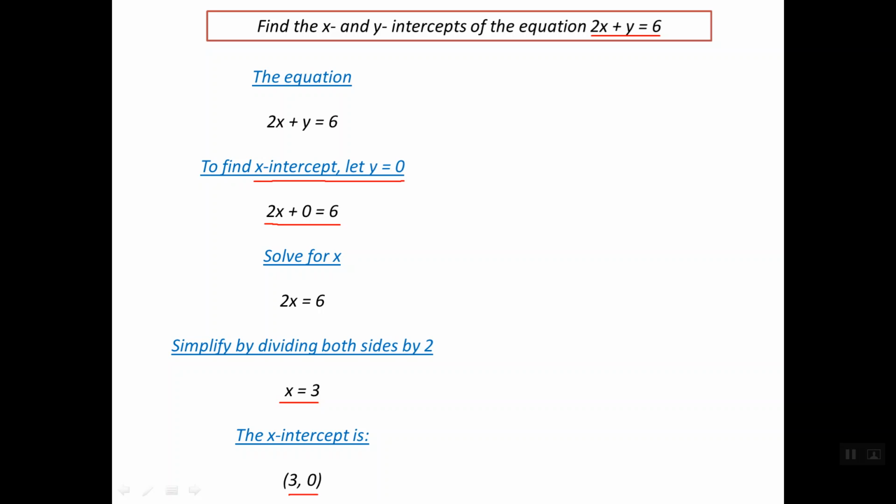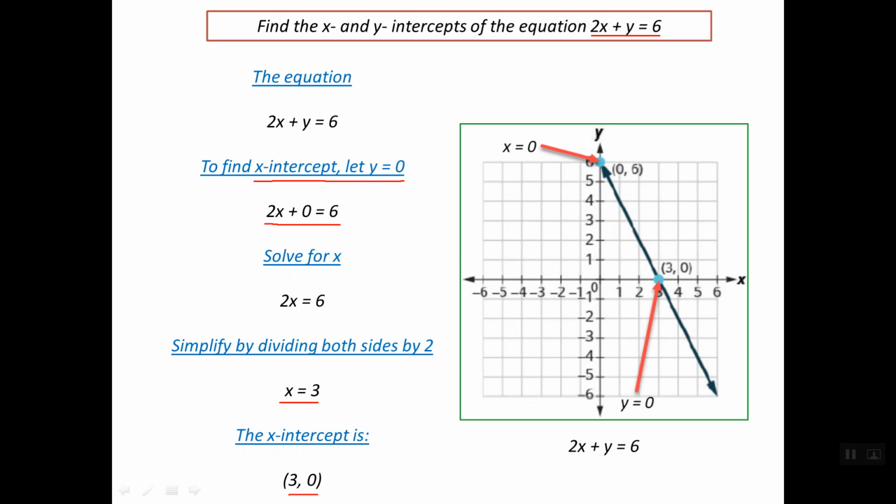So this is the coordinates of the x-intercept: x is 3 and the value of y is equal to 0. We can check this result by returning back to the graph for this equation. This point is the x-intercept, and it is the same as we got: 3 and 0.